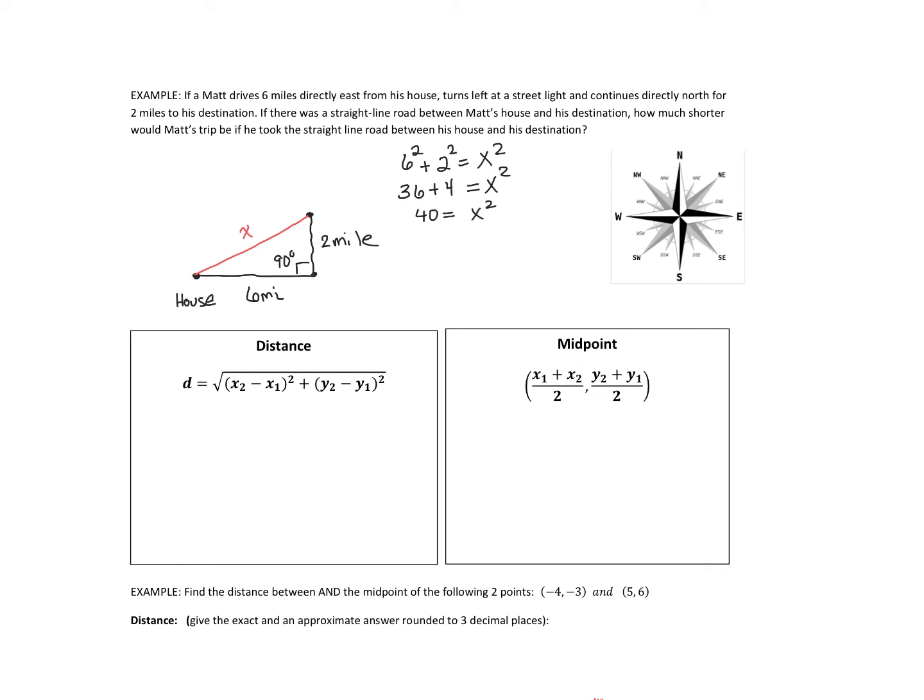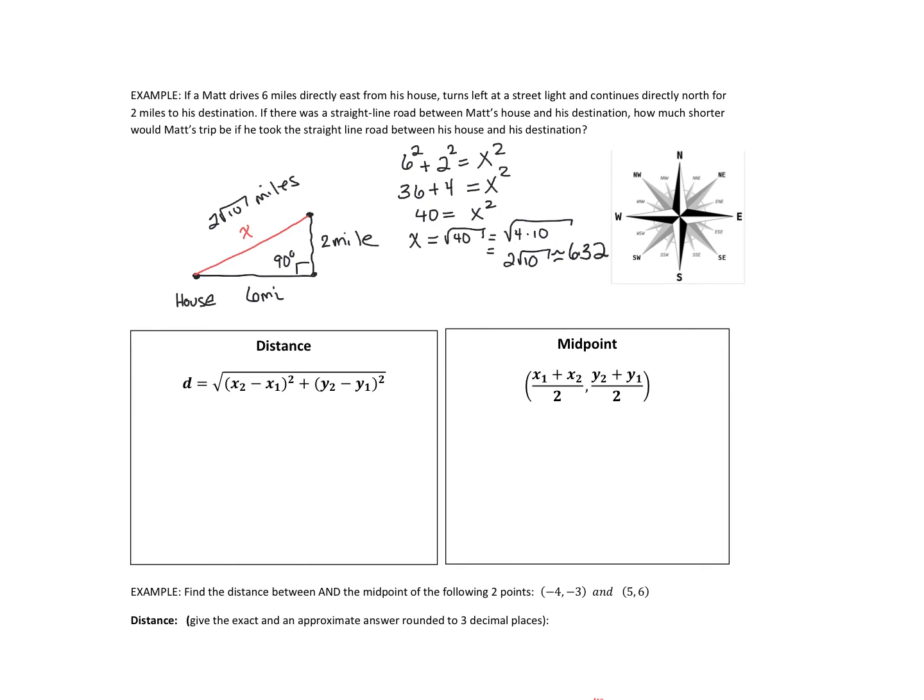And so x is the square root of 40. Of course, we can simplify this. This is 4 times 10, so we would write 2 root 10. So this is 2 root 10 miles, which if we put that in our calculator, we get about 6.32.